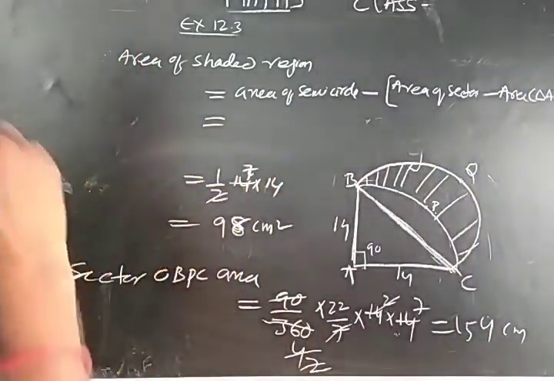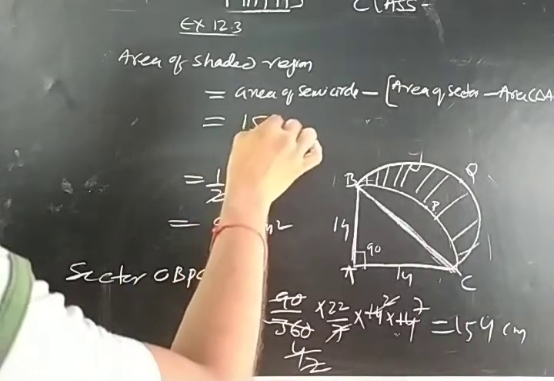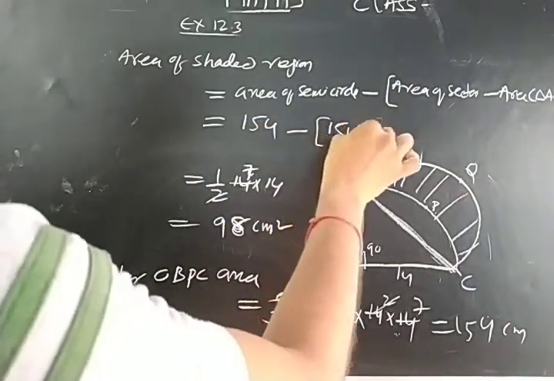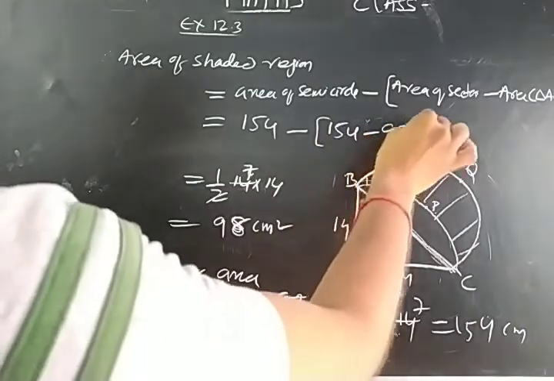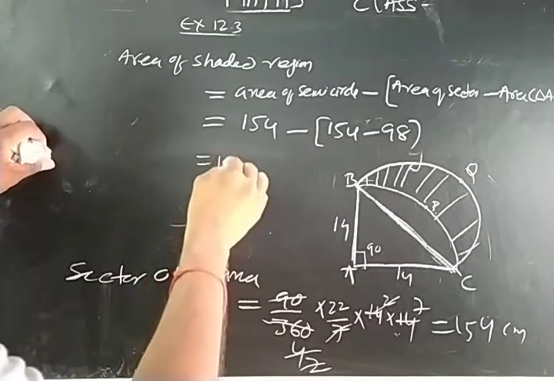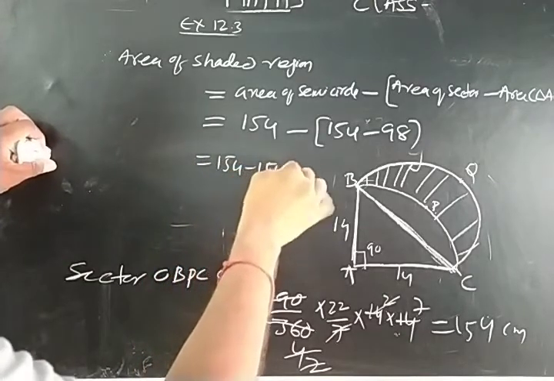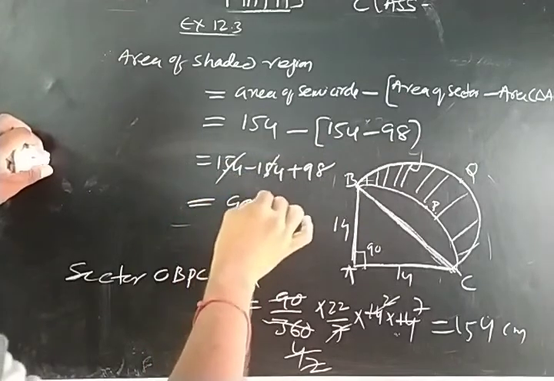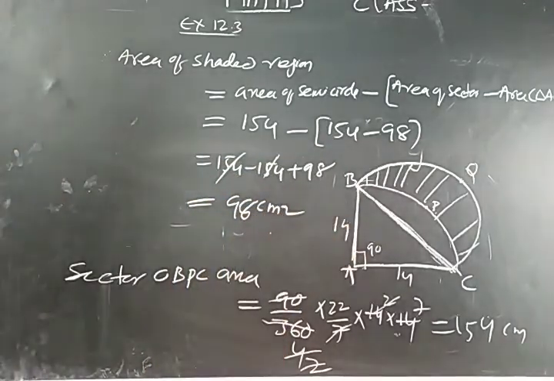Area of semicircle is 154 minus area of sector 154 minus area of triangle 98. So by simplifying, 154 minus 154 plus 98, the 154 cancels, and 98 centimeter squared is the required shaded region area.